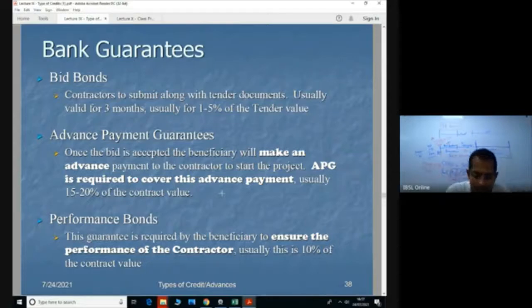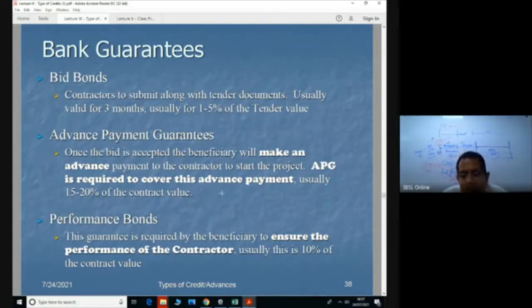So if the customer wants to get that money, the bank should give a guarantee. That guarantee is called retention guarantee. That money is called retention money. If the customer needs to maintain the road or the building or whatever they have done, we have to give a maintenance guarantee.